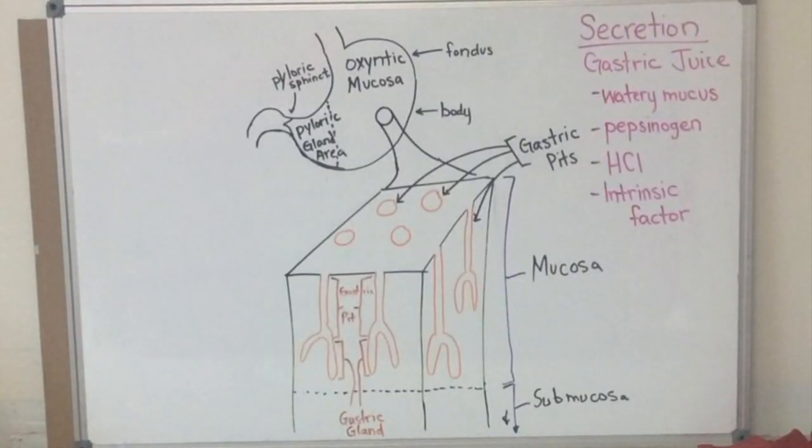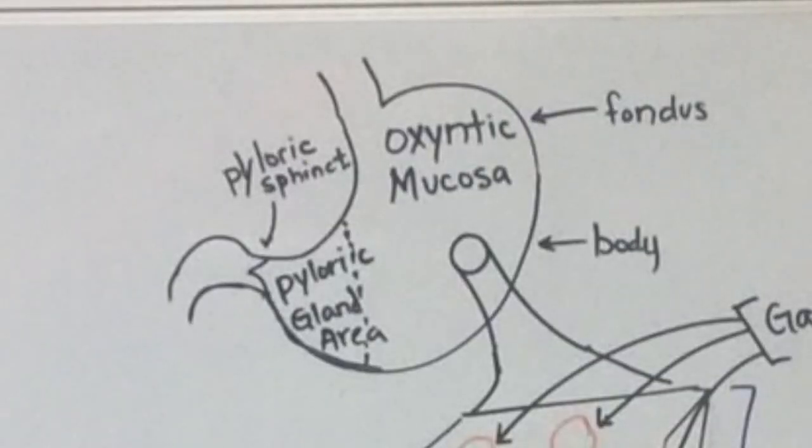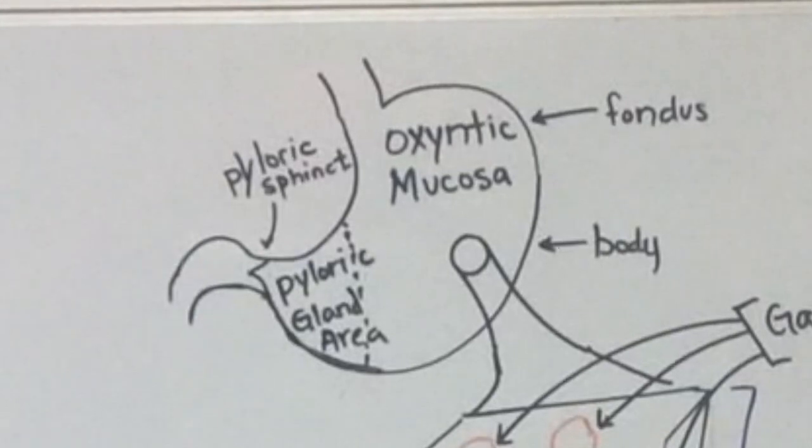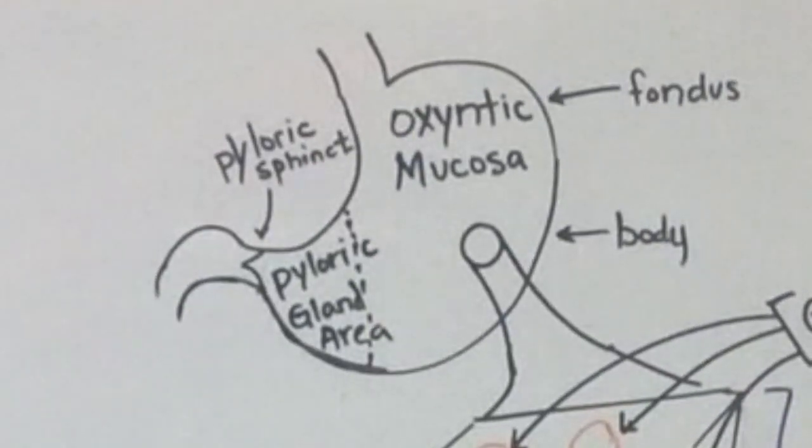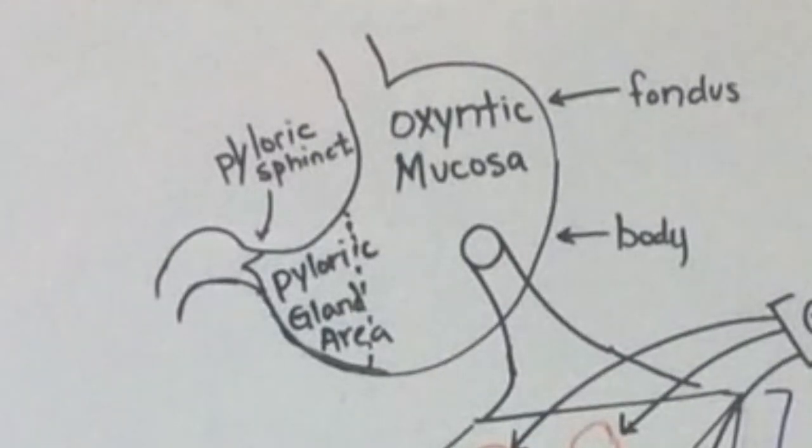Since the stomach serves as a holding chamber for food, more secretion and digestion occurs within the stomach. The stomach can be separated into two regions based on the type of cells and secretions it releases. The oxyntic mucosa is the predominant area of the stomach.